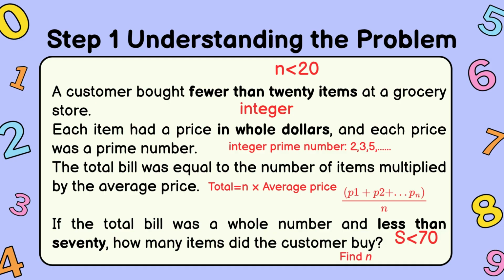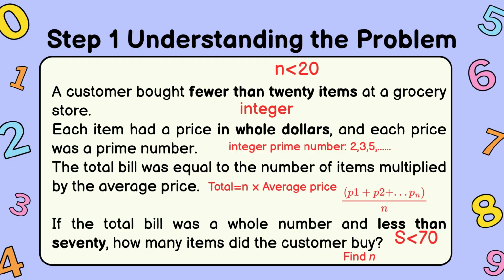In the next sentence, each item had a price in whole dollars. In whole dollars means it is an integer and cannot have a decimal point. And each price was a prime number. Prime numbers are 2, 3, 5, 7, and so on. They can only be divided by themselves and 1.